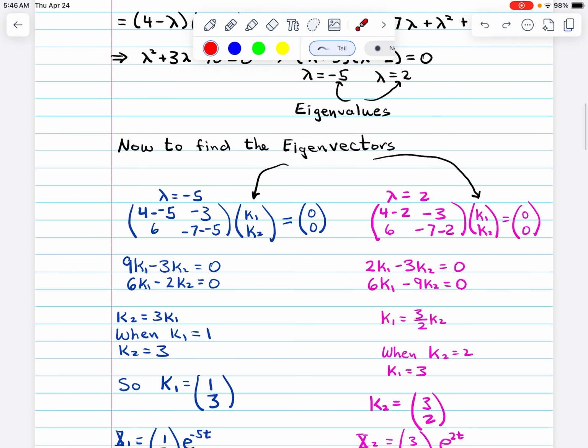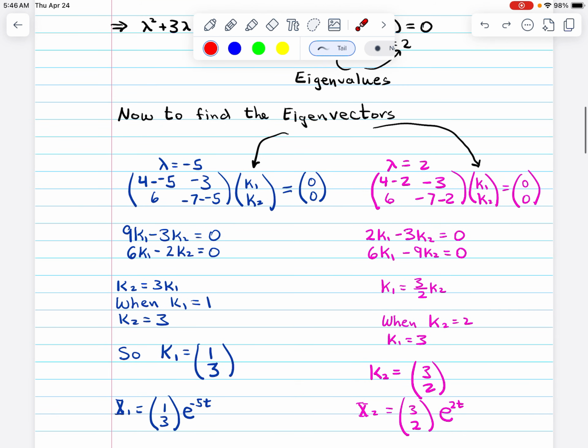So what we do is we set out to find an eigenvector by this method. I'll take K2 and solve it in terms of K1, like this right here. And you could go a different approach. You could solve K1 in terms of K2, but now I get this relationship here.